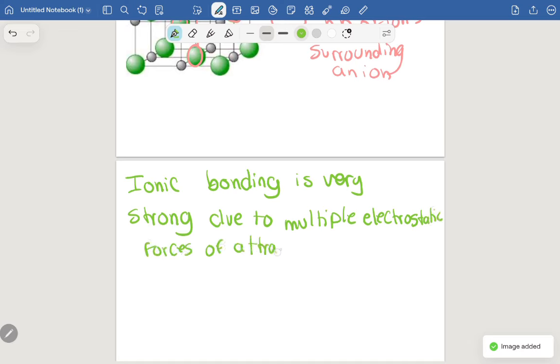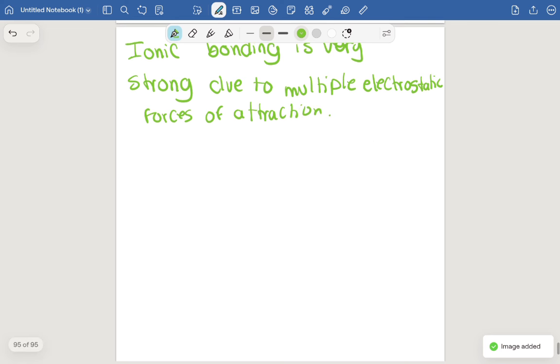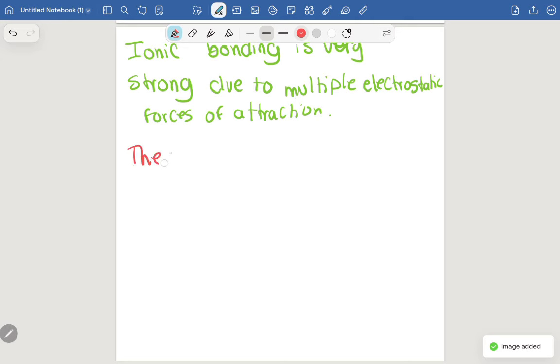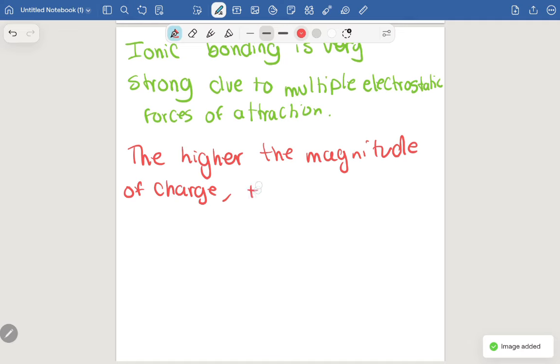Okay, and now, with this being said, we can say the higher the magnitude of charge, the greater the attraction.